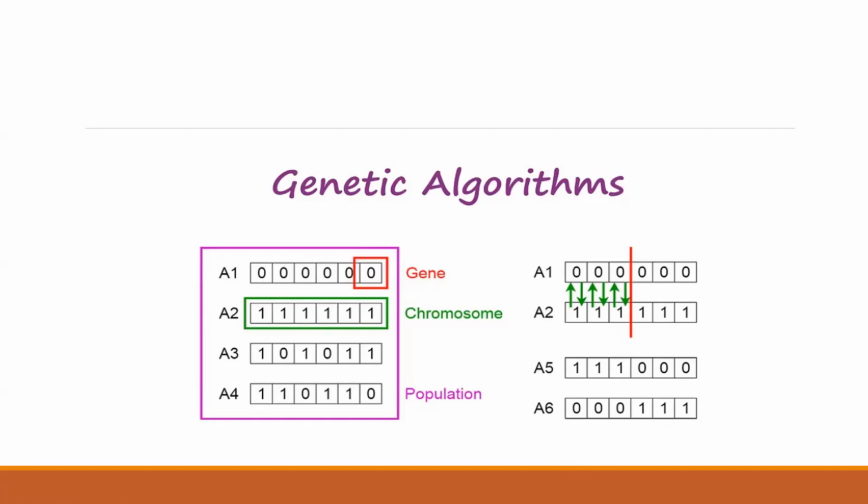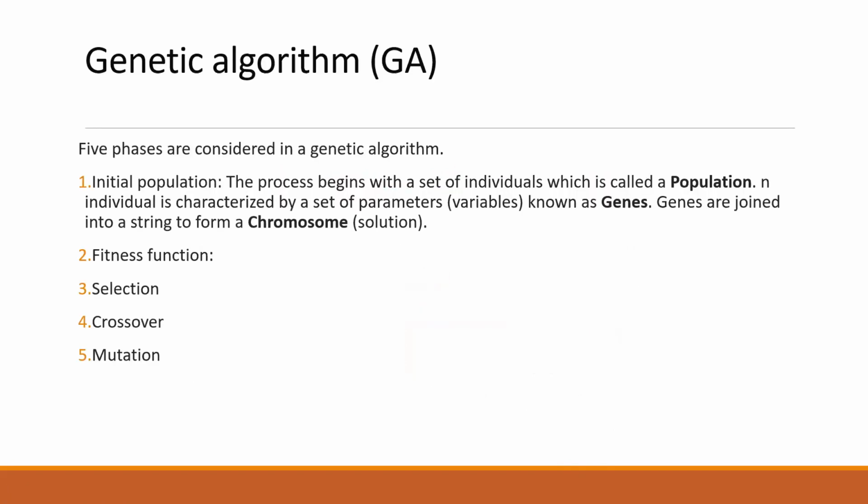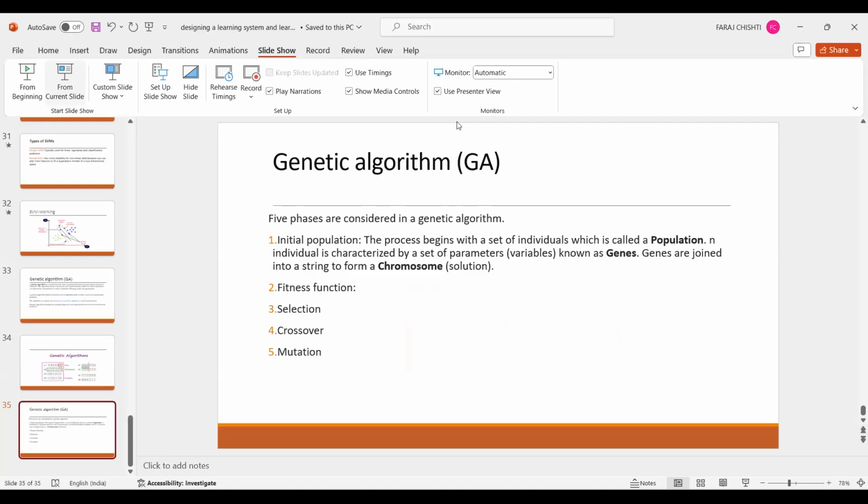So like this, whenever we are optimizing or we need to generate new patterns, we use the genetic algorithm in machine learning. For the algorithm, we need to consider the following phases. First is the initial population. As I've already told you, we need to select the individuals from the population.